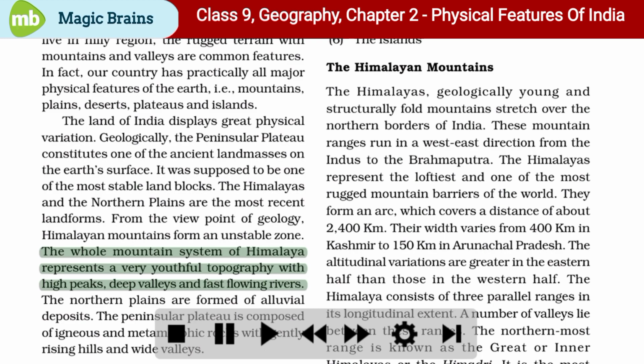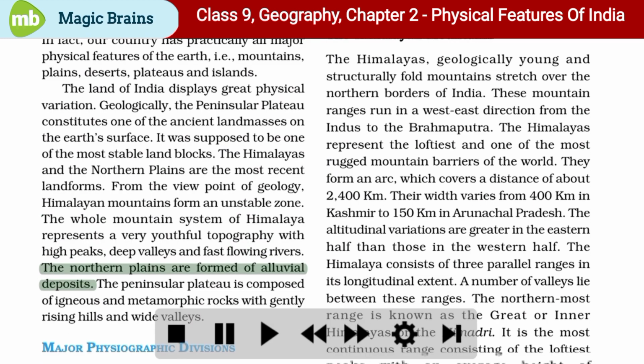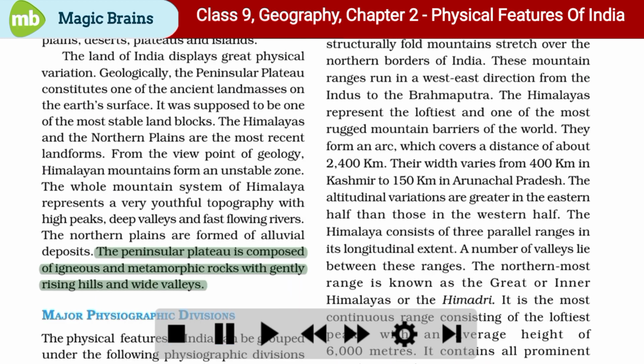The whole mountain system of Himalaya represents a very youthful topography with high peaks, deep valleys, and fast-flowing rivers. The northern plains are formed of alluvial deposits. The Peninsular Plateau is composed of igneous and metamorphic rocks with gently rising hills and wide valleys.